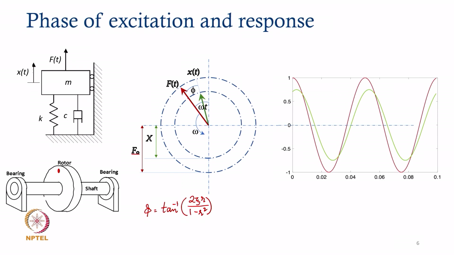Now, for the operation where r is less than 1, this particular angle turns out to be less than 90 degrees.